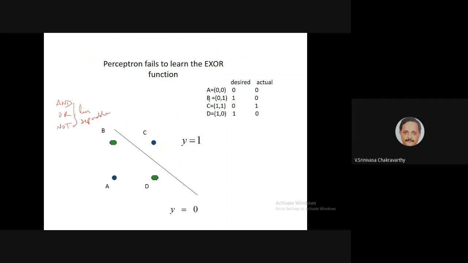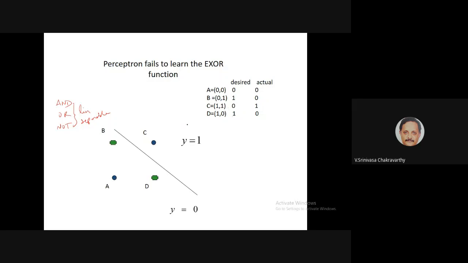But take this problem, a different logic gate called the XOR gate. The truth table for this is like this: 0, 0 is 0, 0, 1 is 1, 1, 1 is 0, 1, 0 is 1. So if the number of ones is odd, the desired output is 1. If the number of ones is even, the desired output is 0.